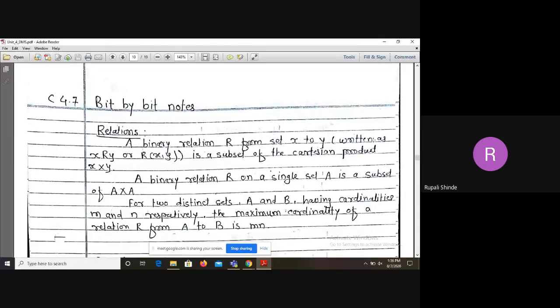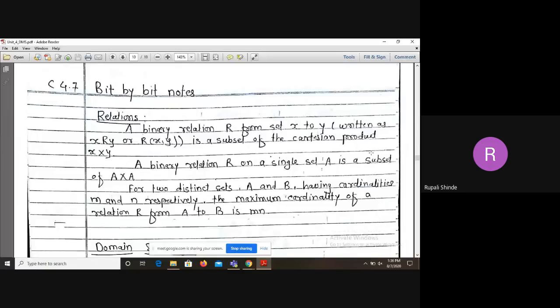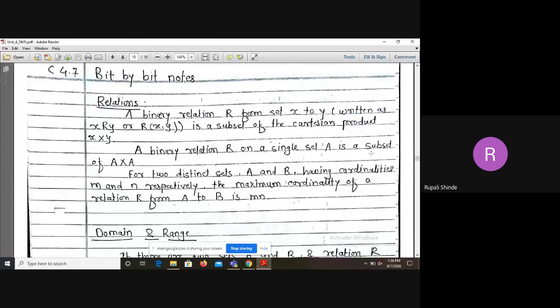It means it is a subset of the Cartesian product x cross y. Whatever ordered pairs are there in the Cartesian product of x and y, those ordered pairs define a relation R. Again, if there are two different sets A and B, A having cardinality M and B having cardinality N, then the maximum cardinality of relation R from A to B is M into N. Now suppose set A has 3 elements and B has 2 elements, then relation R will contain a total of 3 into 2, that is 6 ordered pairs. That means the maximum cardinality of that relation R is 6.